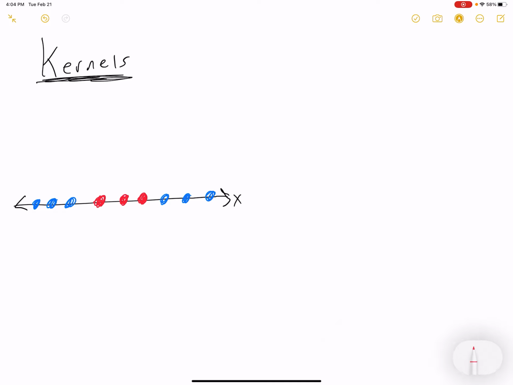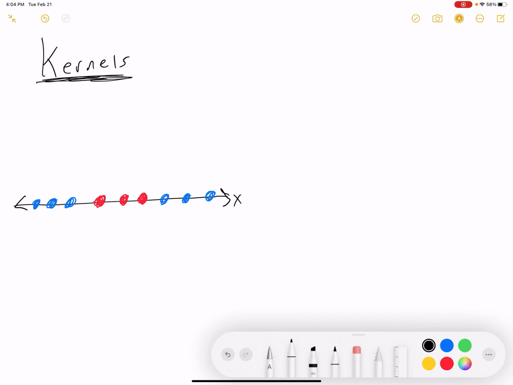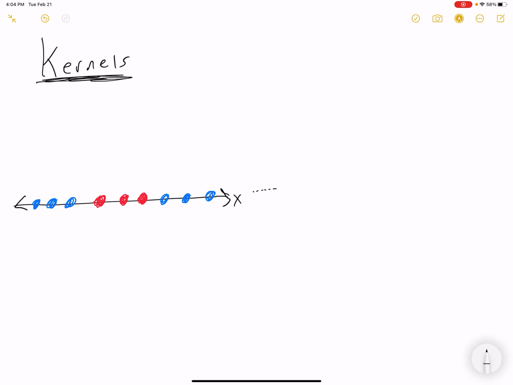So what a kernel allows us to do is to project our data into many dimensions. Remember how we talked about dimensionality reduction, and we're going to learn all about that later? This is kind of the opposite of that. We're increasing the dimensionality.